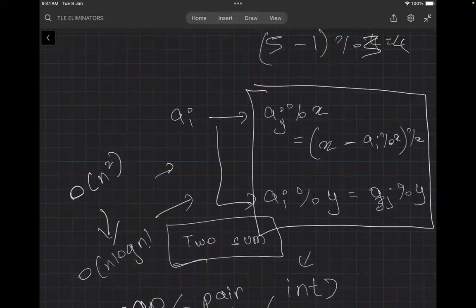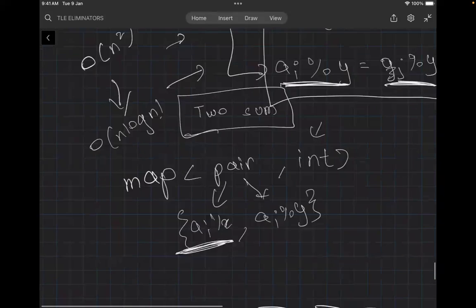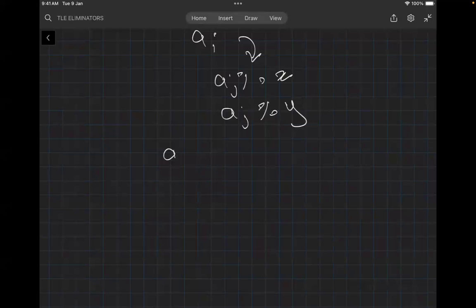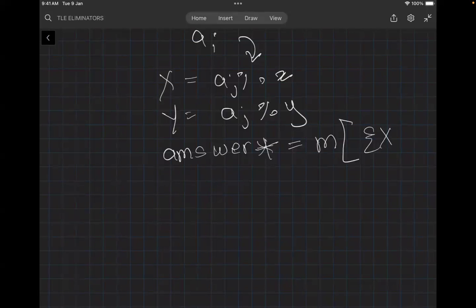I've just derived it: AJ mod Y is equal to AI mod Y, and AJ mod X is equal to X minus AI mod X, the whole mod X. So I will just add to my answer: let's say this value is capital X and this value is capital Y, answer plus equal to M of X comma Y.